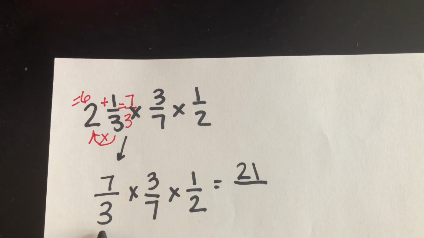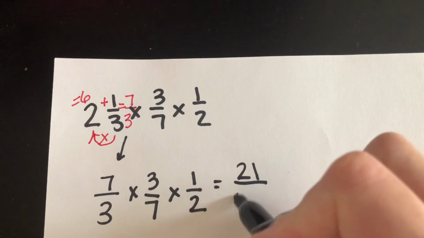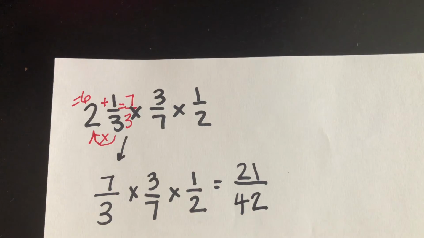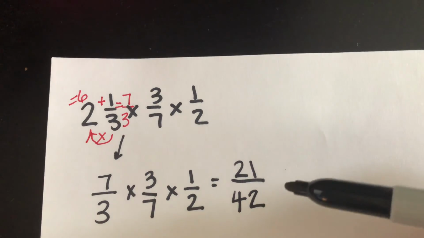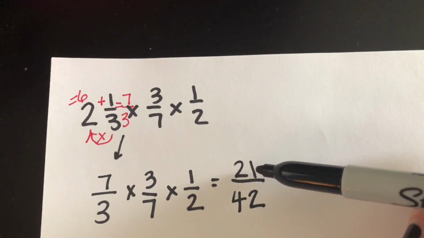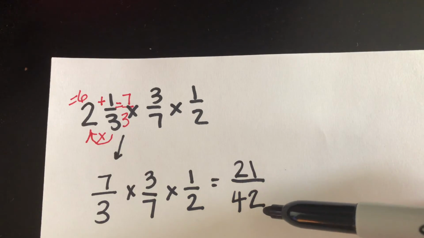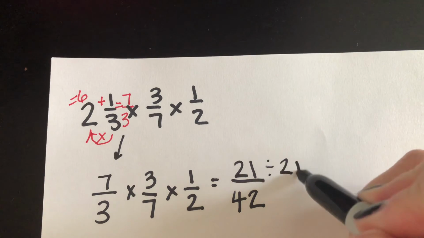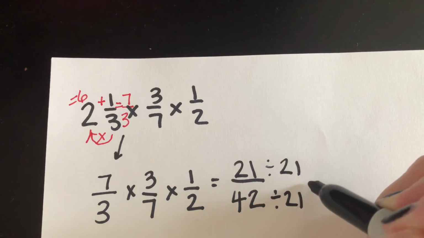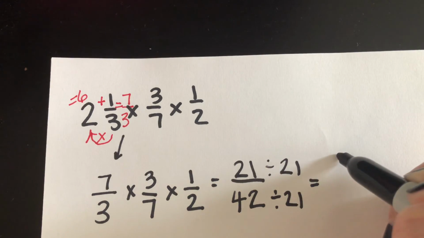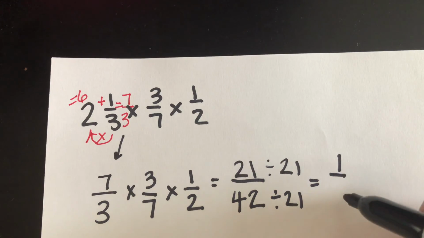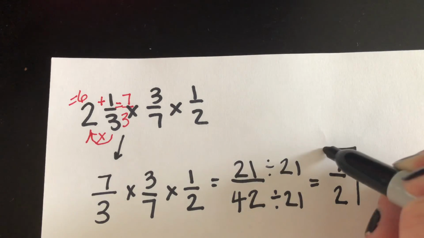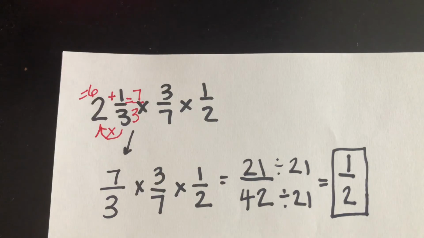Now my denominator, 3 times 7 is 21, 21 times 2 is 42. Now I look at these two numbers and I know that 21 goes into 21 and 21 goes into 42 because I just did it here. So I'm going to divide the numerator by 21, the denominator by 21, and I get 21 divided by 21 is 1, 42 divided by 21 is 2, and that is my final answer, 1/2.